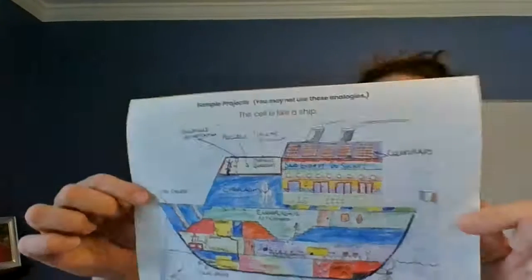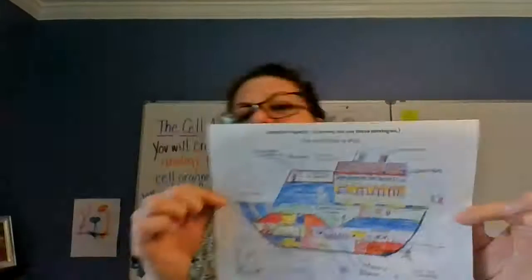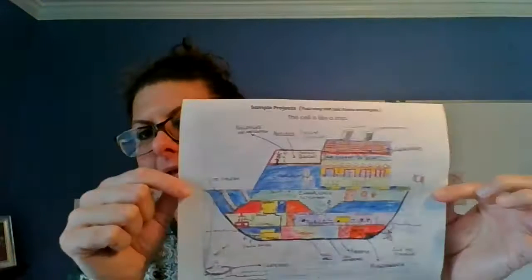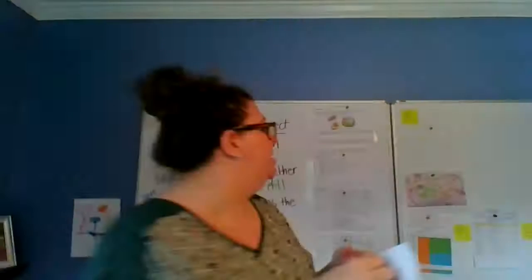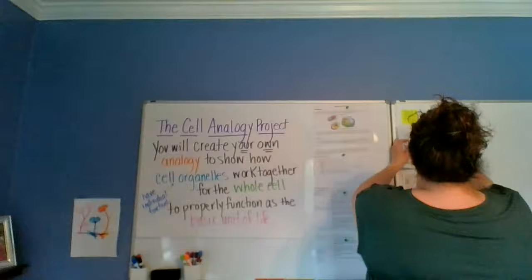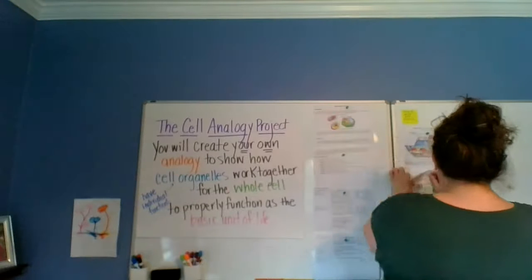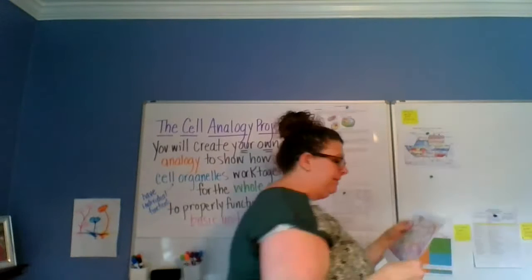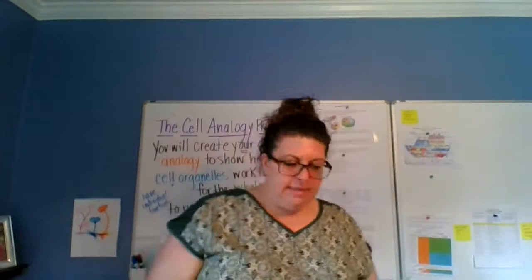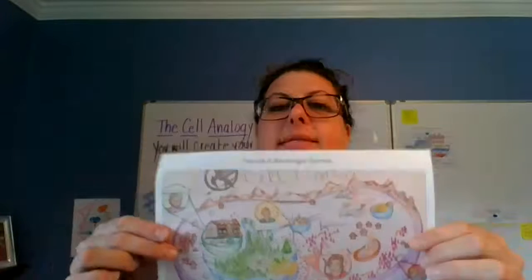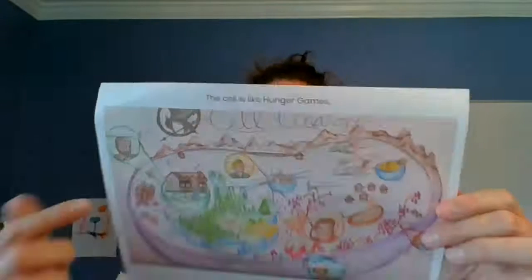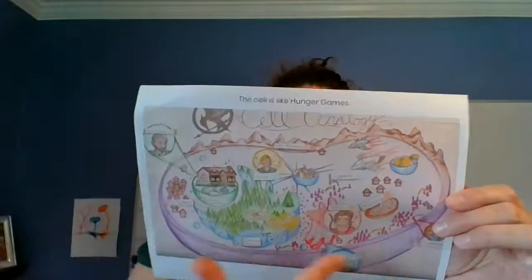Okay, so you'll be doing a visual representation. You can do a drawing like this. It doesn't have to be a poster size, but you do see how this student put a lot of effort in. Another one that was really interesting and cool that I liked from another class, these are student samples from other classes, was someone had done, the cell is like Hunger Games, and they did different parts.